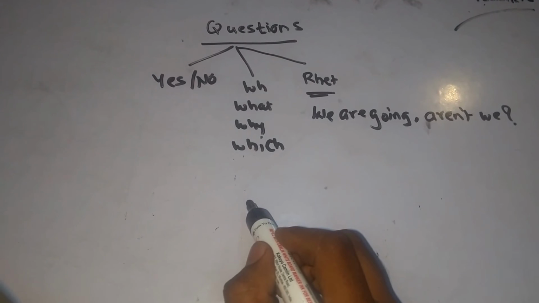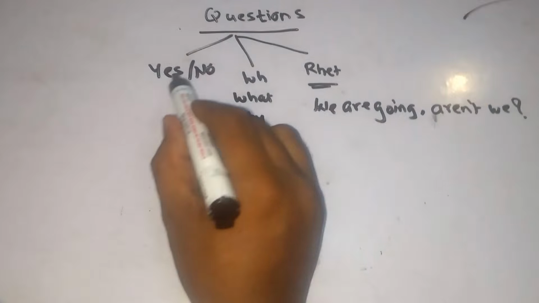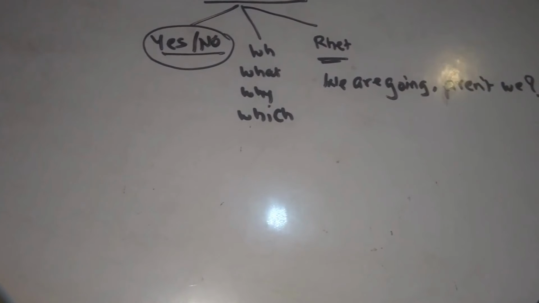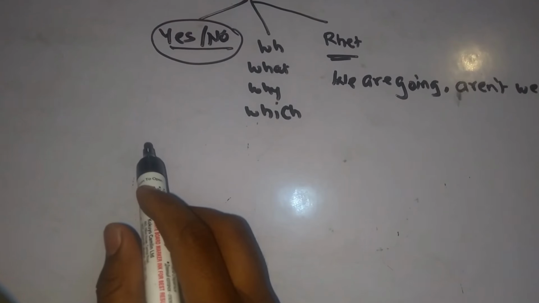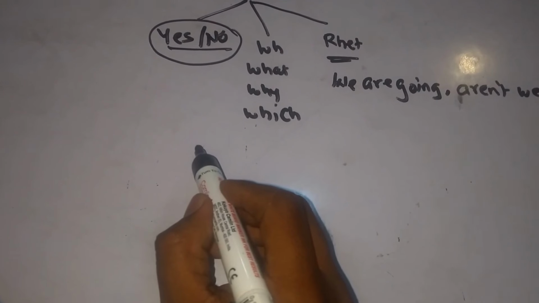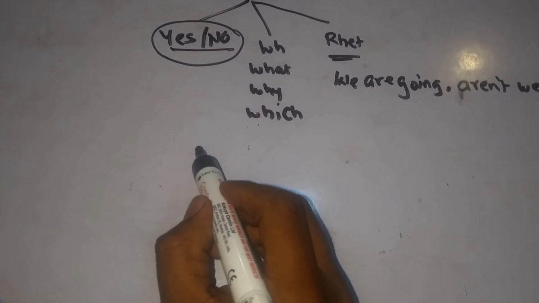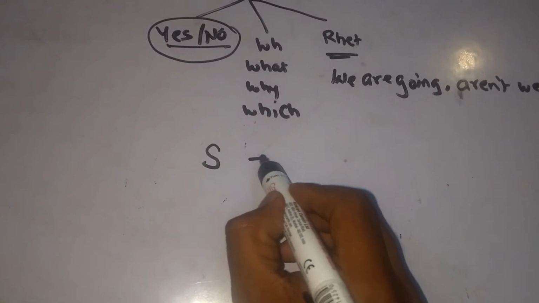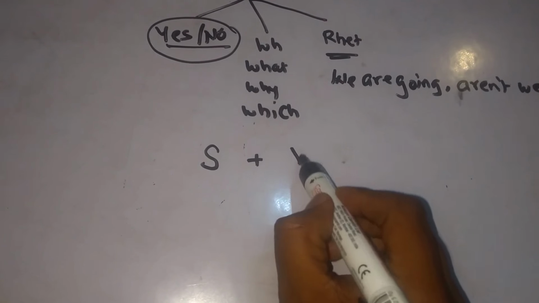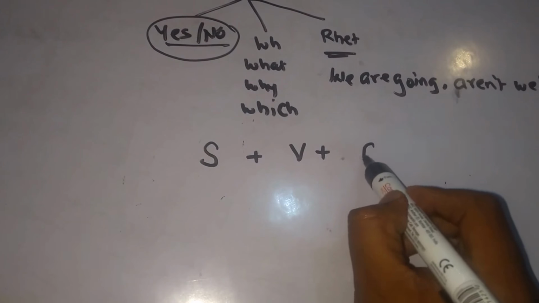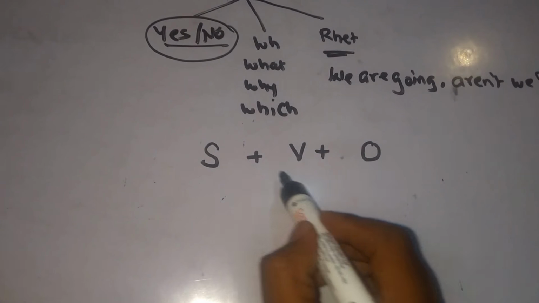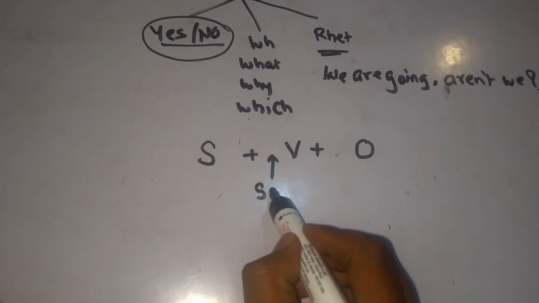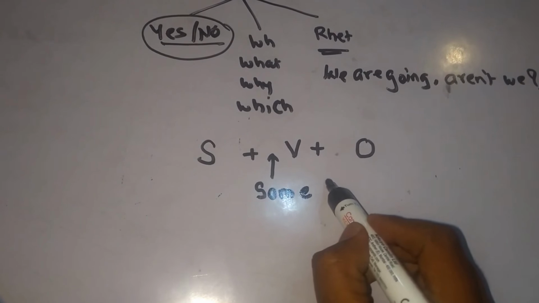So the request is for yes/no type of questions, so let's study yes/no type of questions. As we know, any kind of sentence in English is made up of subject plus verb and object, and somewhere in between we have some helping verbs.